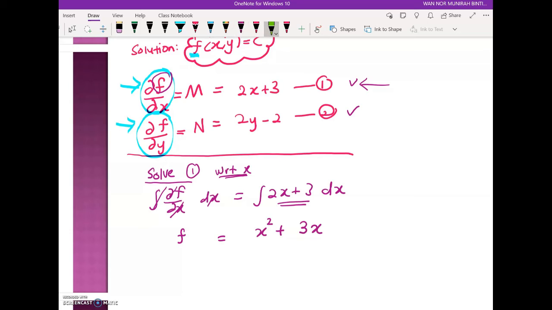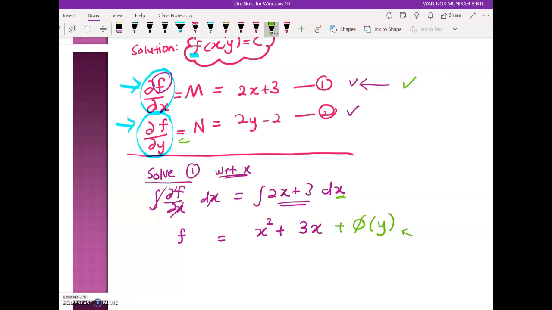And normally, we put a constant c after we integrate, right? But since you are dealing with a partial derivative, you cannot put just a constant. It must be an arbitrary function, which I call phi. Phi of what? Phi of a function of y. When you integrate with respect to x, you must put the unknown function of y.